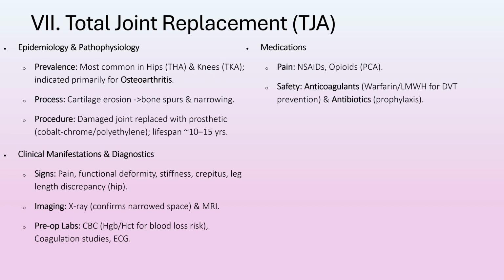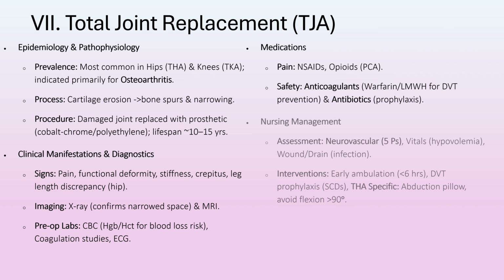ECG. Medication, of course, we have NSAIDs and opioids. Usually they use the PCA, and a patient needs to be taught how to use that. Safety: anticoagulants for DVT prevention and antibiotics for prophylaxis.